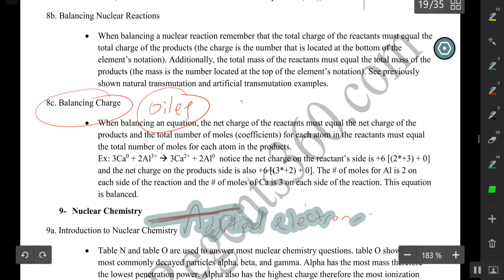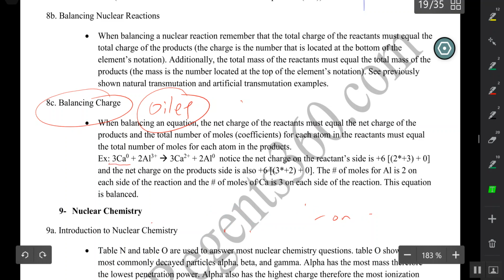But let's take a look at this reaction here. We have a calcium atom, which became a calcium +2 ion, and we have an aluminum ion that became an aluminum 0. When I balance this, the total charge is already balanced right now: the total charge on the left equals the total charge on the right.